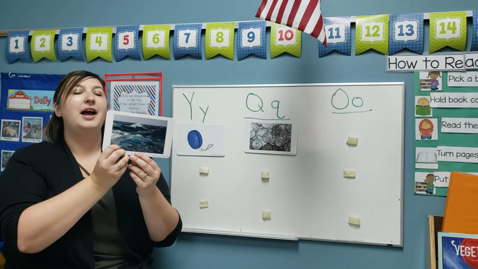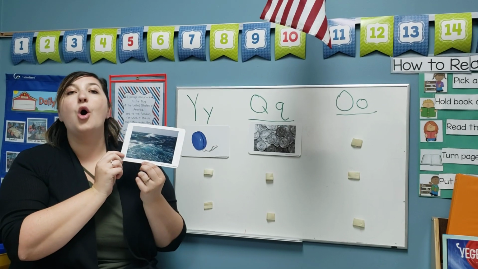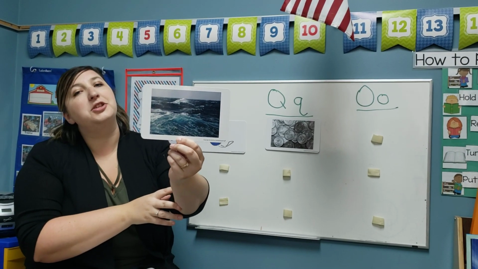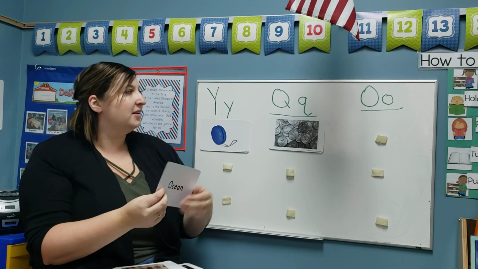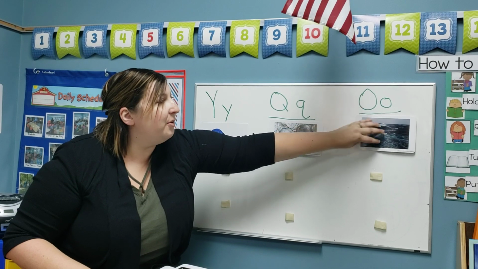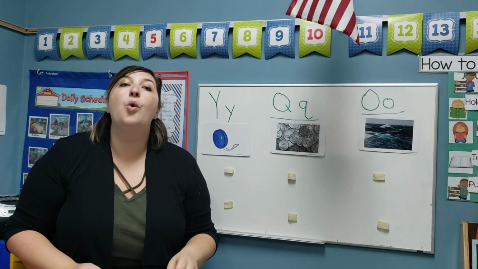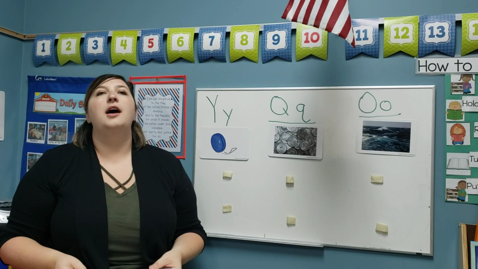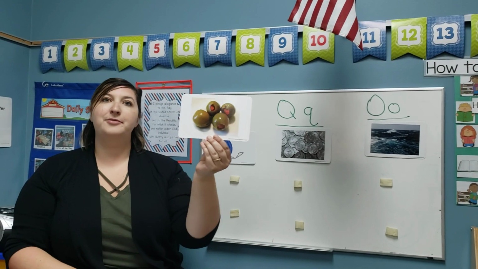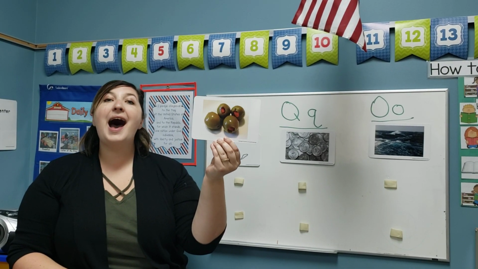All right, let's see. I have a picture of the ocean. That pretty blue water. Ocean starts with O. It's a vowel. That one says its name. Ocean. All right. What do I have? I have olives.